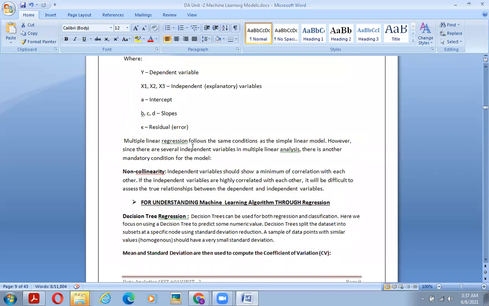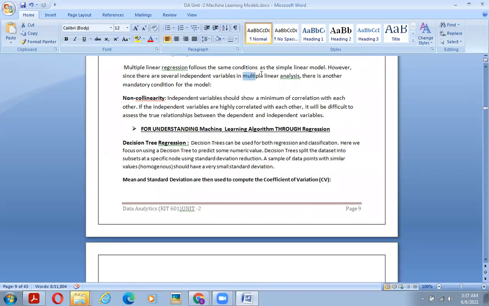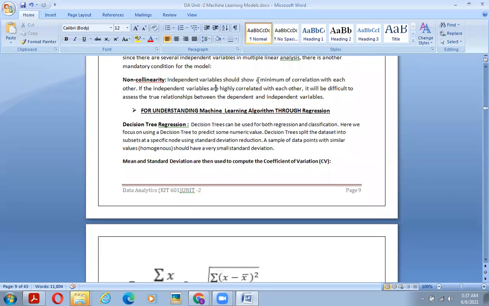Y is the dependent variable, x1, x2, x3 are independent variables, a is the intercept, b, c, d are slopes, and e is the residual error. Multiple linear regression follows the same conditions as the simple linear model. However, since there are several independent variables in multiple linear analysis, there is another mandatory condition in the model, that is non-collinearity. Independent variables should show a minimum correlation between each other.